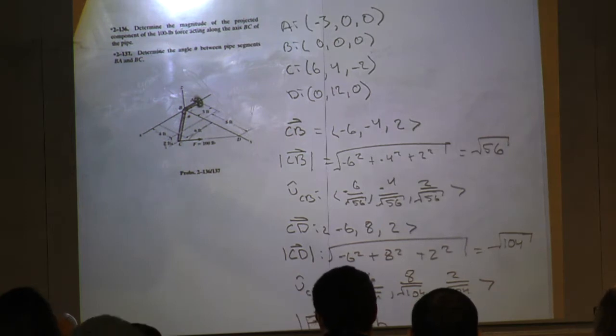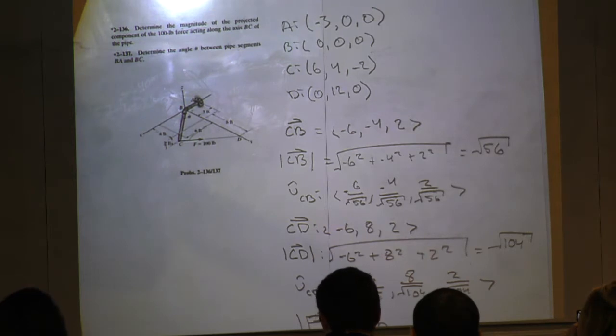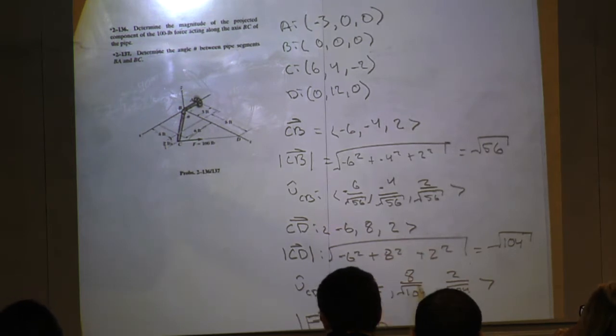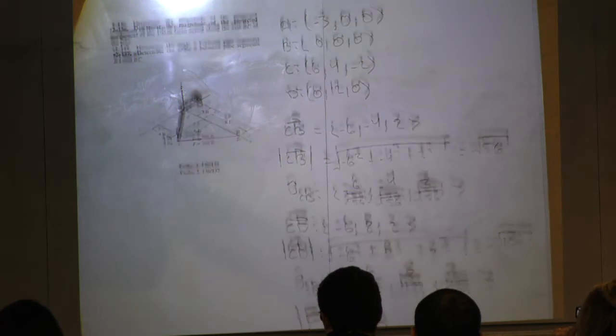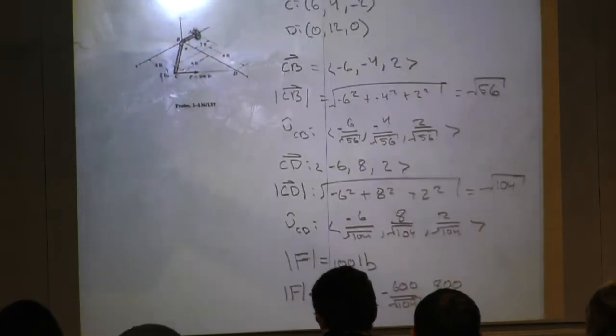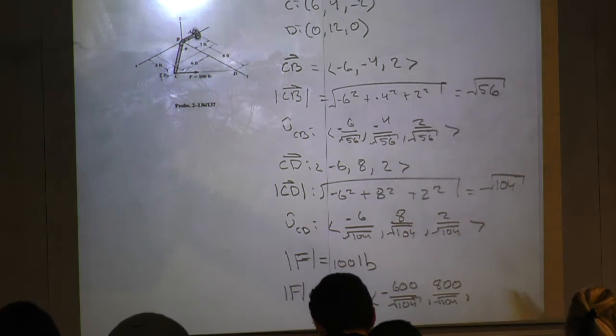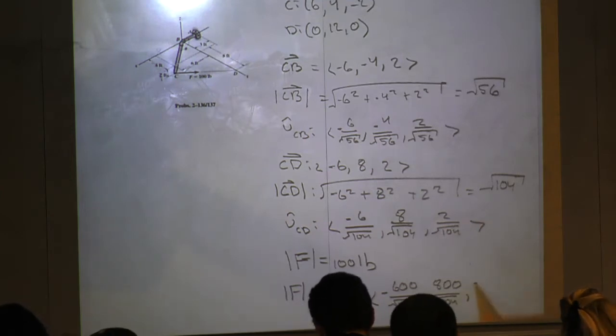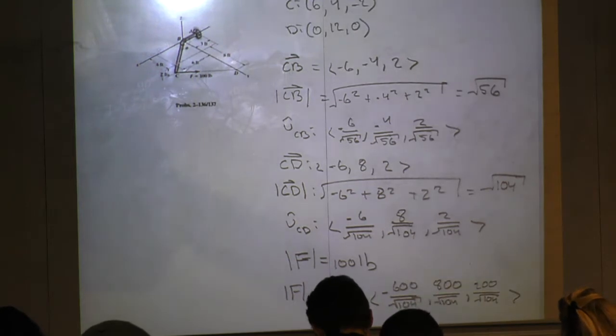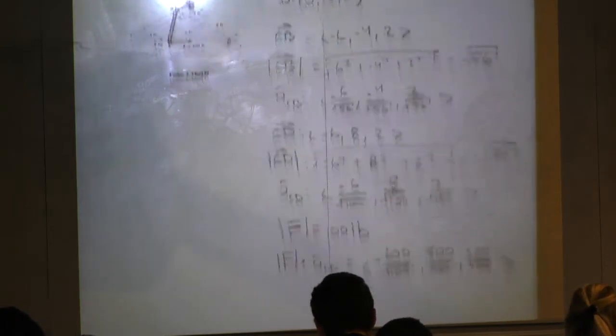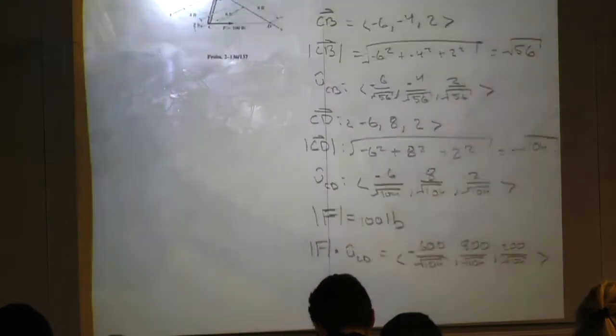And I'm going to get negative 600 over root 104, right, because I'm just multiplying 100 by each of these terms. 800 over root 104, and then 200 over root 104. So I'm going to run off the page here, but as long as you guys have the stuff, I'm going to try to go up and down, vertically rather.